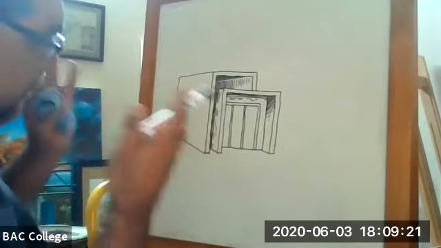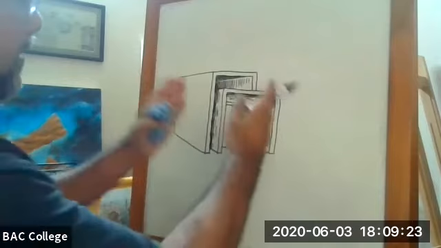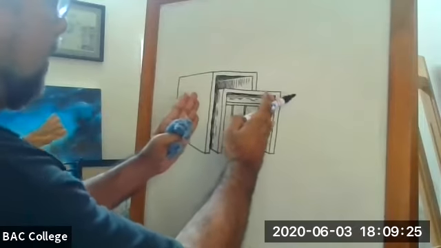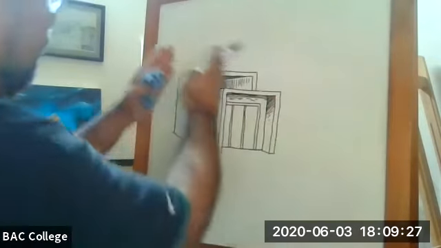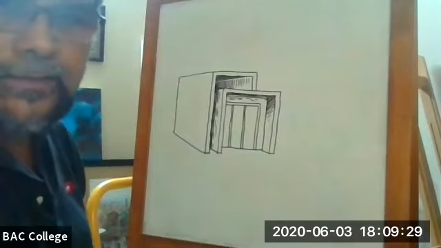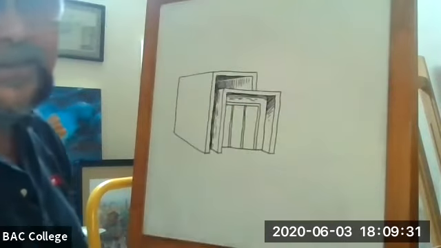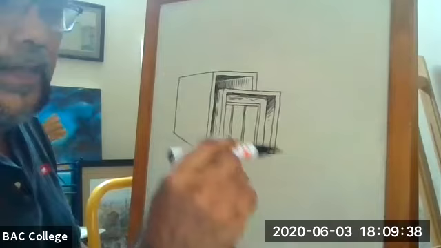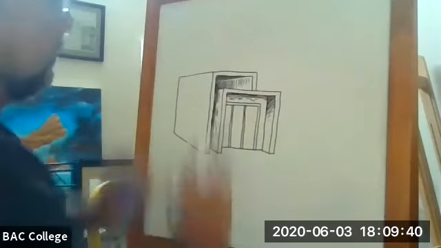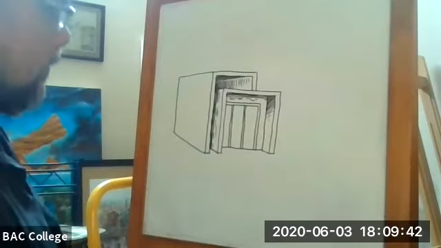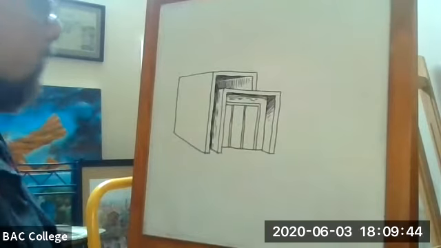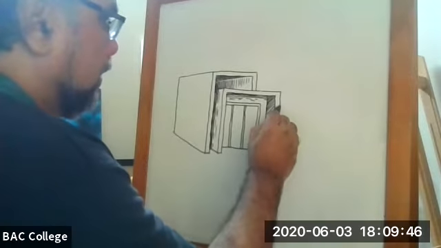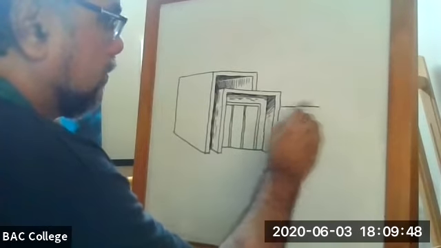Okay, so now you can clearly see that this whole block here is coming out of this block here, isn't it? It's all about where you put the lines. So the darker it is, the lines are thicker, and the space is smaller, a bit smaller space to each other.